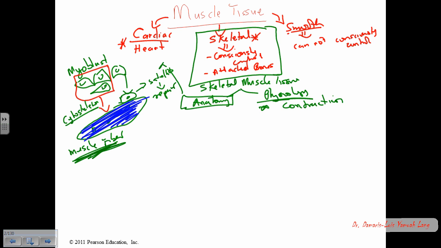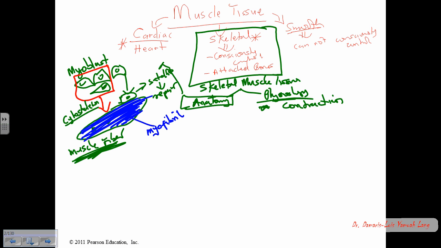The filaments are arranged within the cell into what we call myofibrils. So let's look at how that looks.